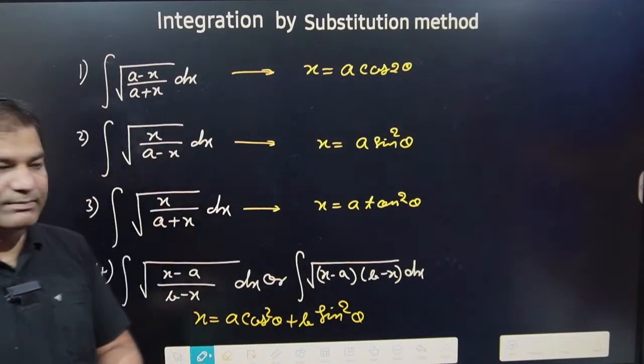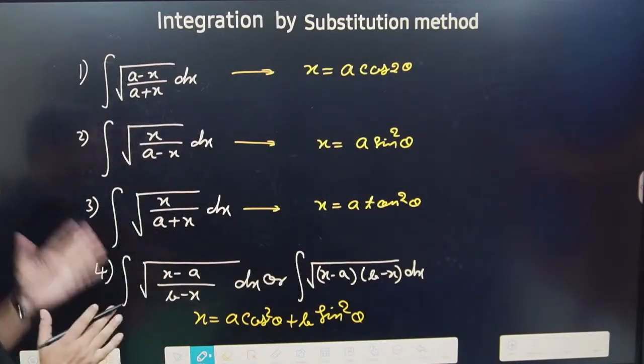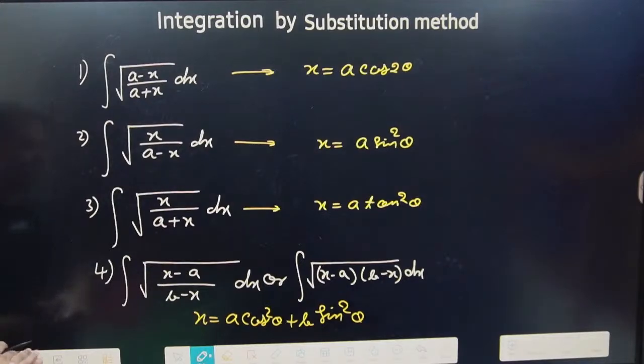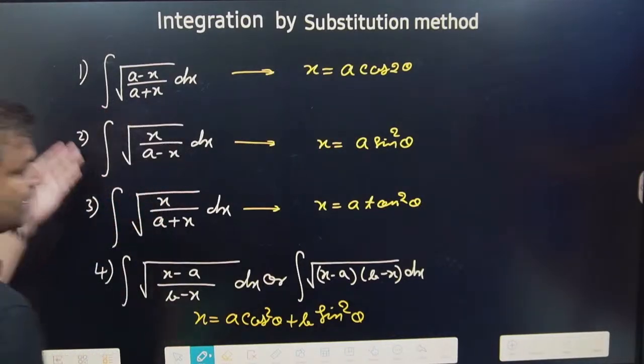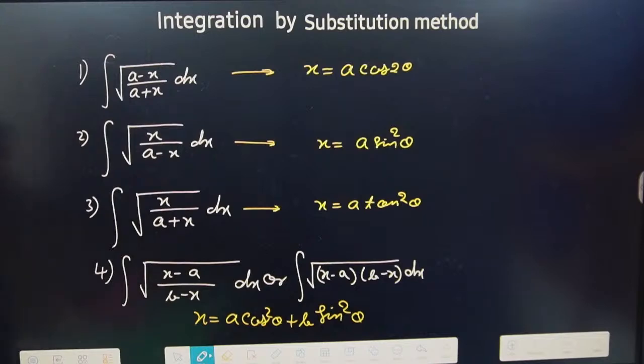Okay, one by one. So now take some problems on the basis of these four. Okay, so I have to clear this first right now. After that I will focus on the next problem.